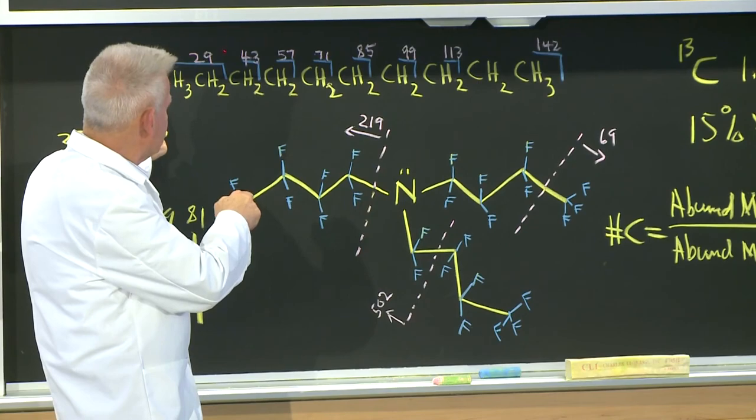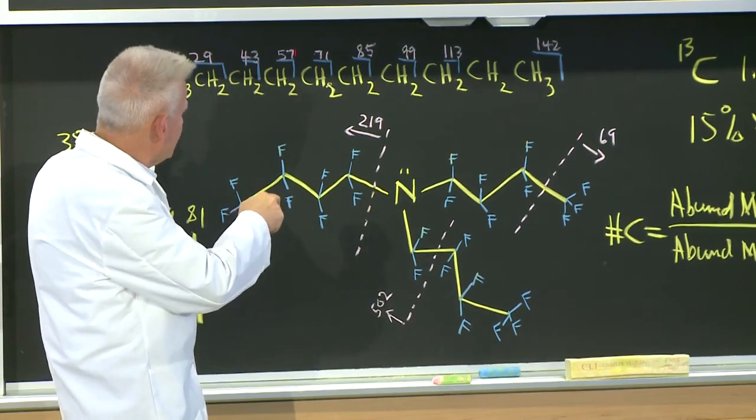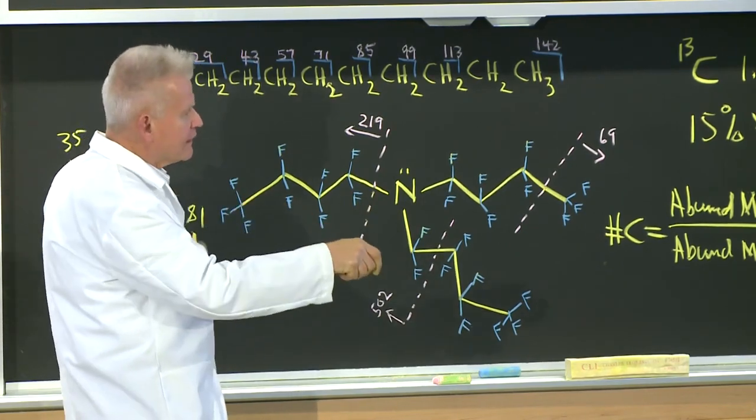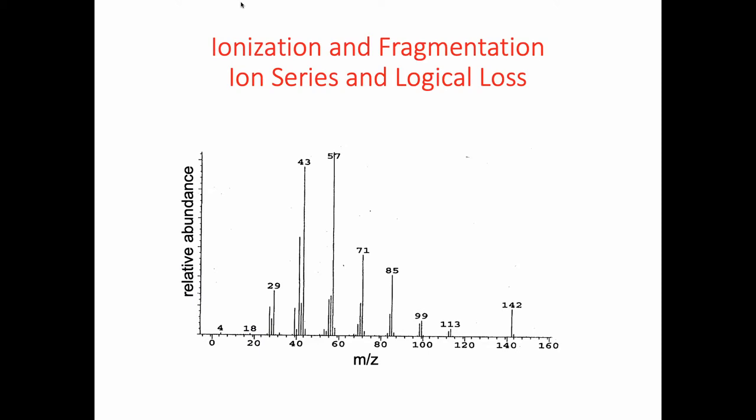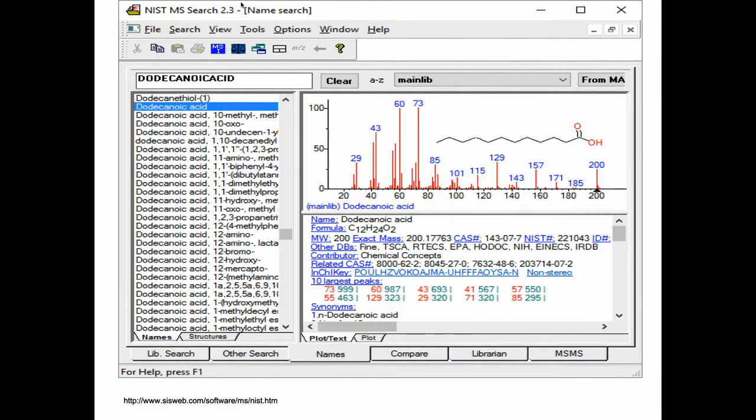And it ionizes at all these different bonds, producing this spectrum with this logical lost ion series. There's another one, dodecanoic acid, which has all these methylene units, which is a dead giveaway for a long chain of carbons connected to something.